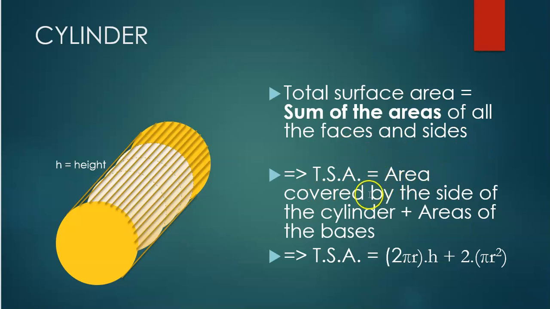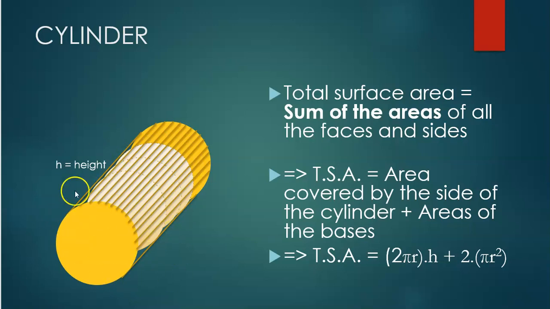In this case, we have the area covered by the sides of the cylinder as well as the areas of the bases. So the side can be thought of as a sheet wrapped around a circular rod, and so it can also be thought of as the circumference of a circle multiplied by the height of the cylinder.